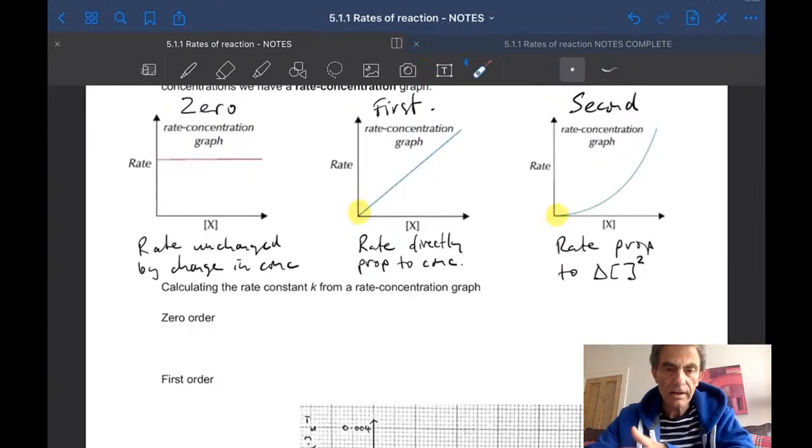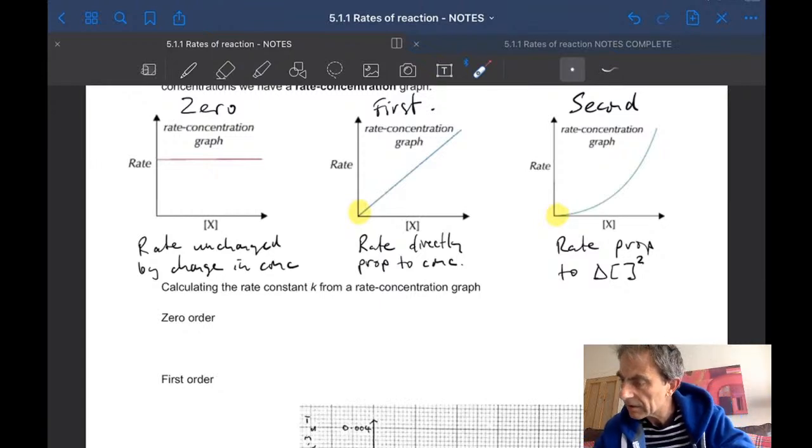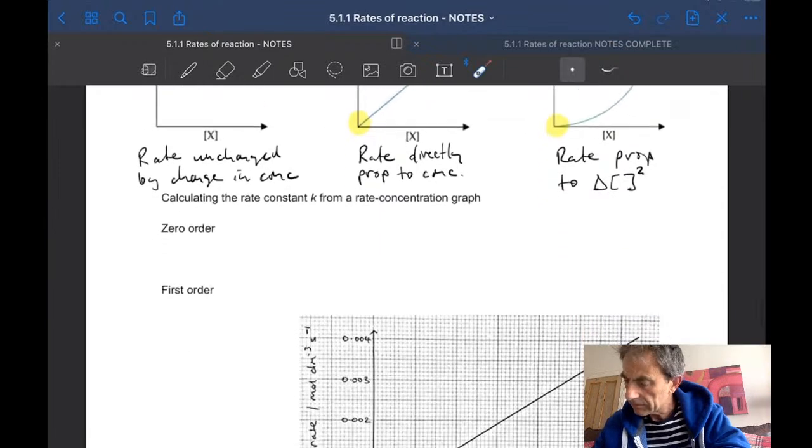That's your harder A* style questions. So I would look out for things that aren't on the syllabus and try and get your head around them just in case, if you're interested in A*.